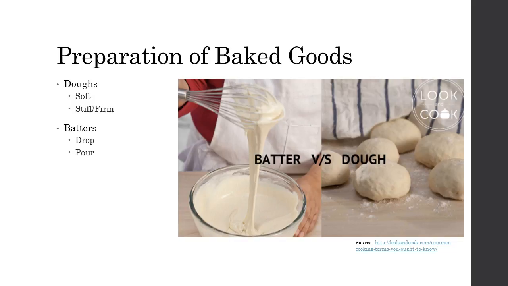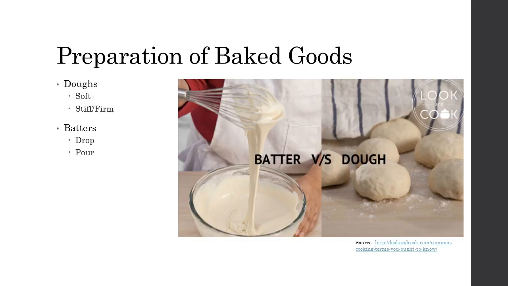Doughs can be refrigerated with little to no effect on the overall quality of the dough itself. And examples of baked goods made through doughs include yeast rolls, biscuits, pastas, and cookies.